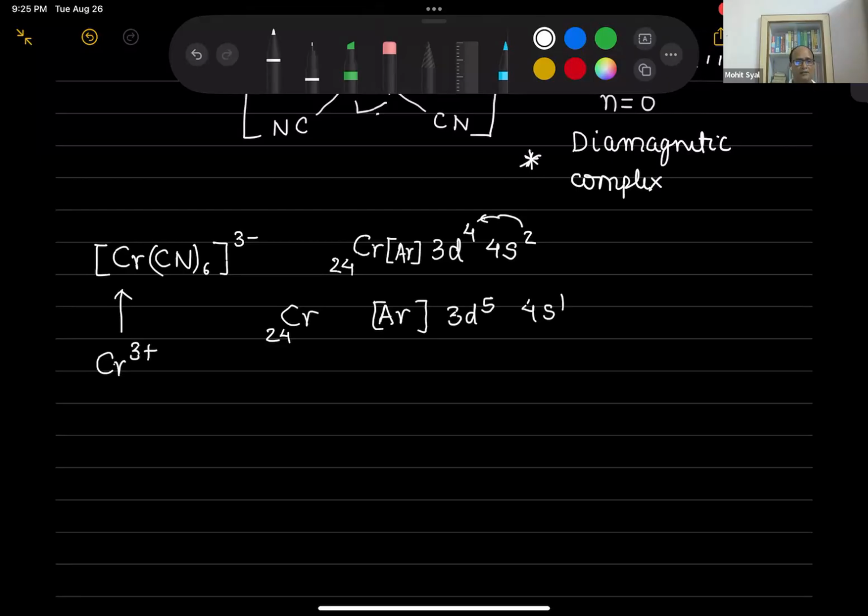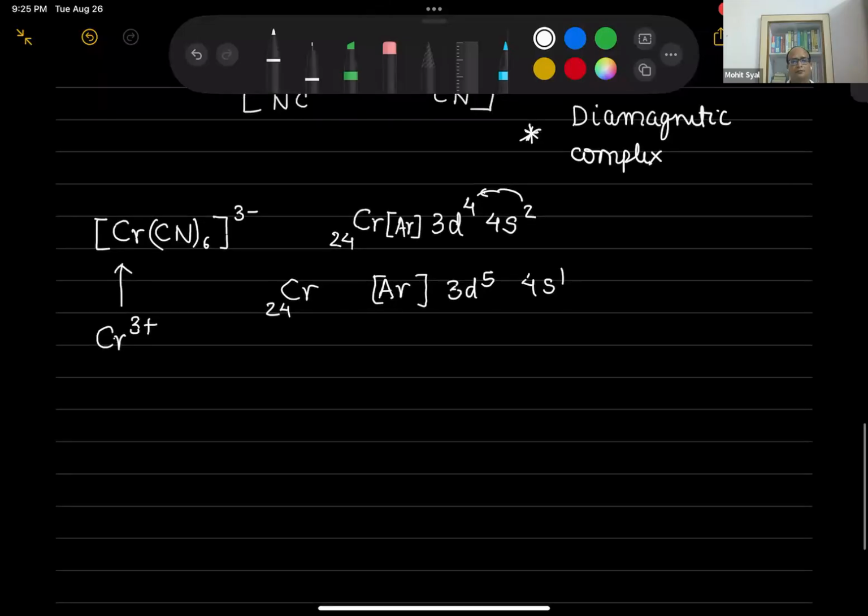Let it be x. x minus 6 equal to minus 3, so x should be equal to +3. Got it? Is it clear to everyone?